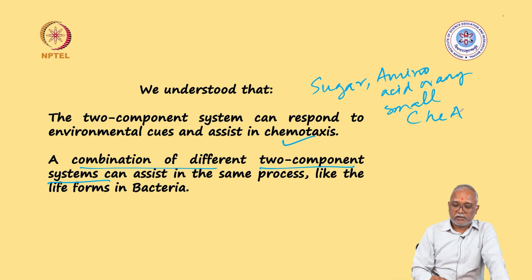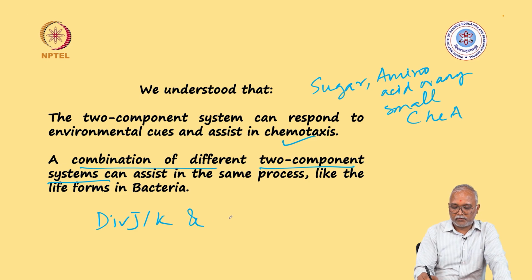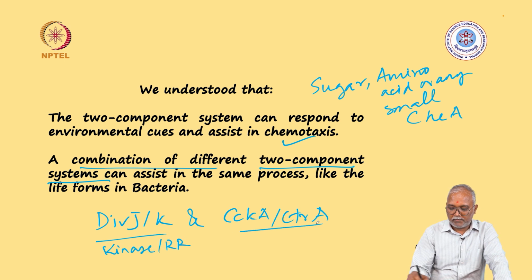But in case of this sessile, or I should say swarmer versus stalked cell fate, there were two different types of two-component system working, one which was with DIV-J and K and the other one was CCKA and CTRA kind of combination. The kinase and response regulator, same here as a kinase and response regulator.